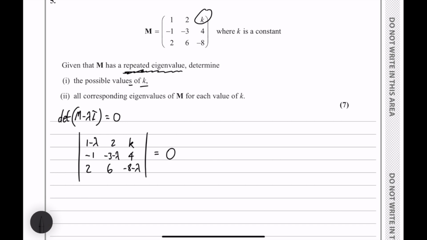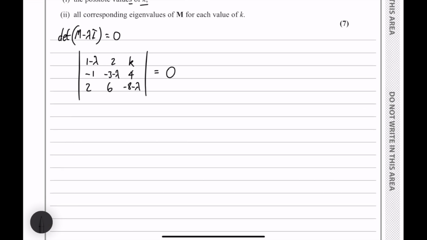And the determinant of this must equal 0. So following the same process as we did before to find the determinant of a 3 by 3 matrix, we've got the first element times its minor, which is going to be minus 3 minus lambda times minus 8 minus lambda, that's horrible, minus 4 times 6. Not so horrible.